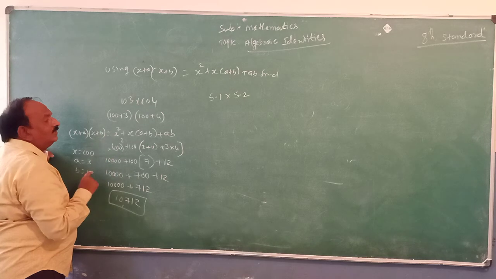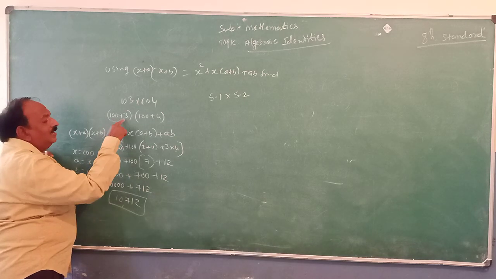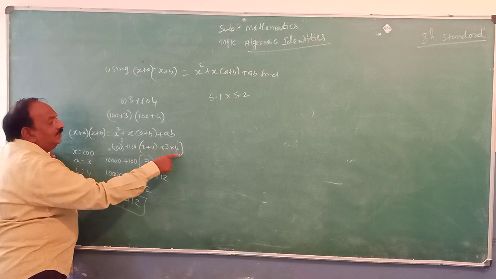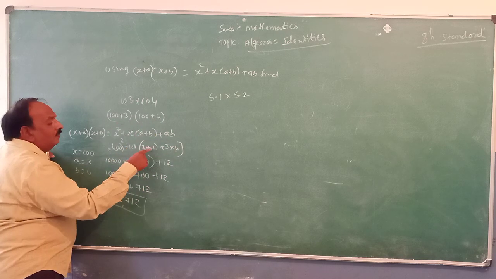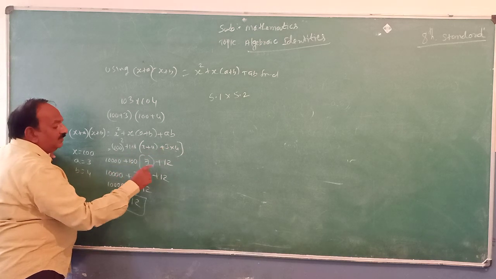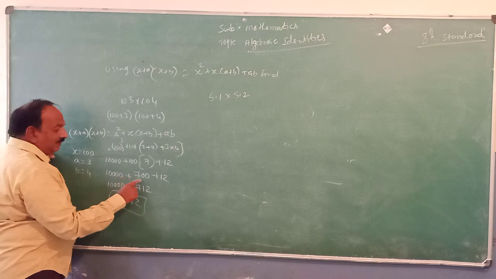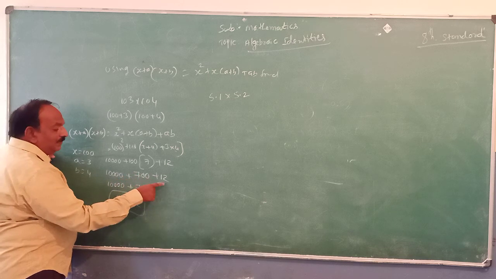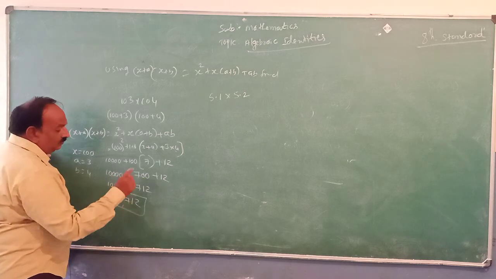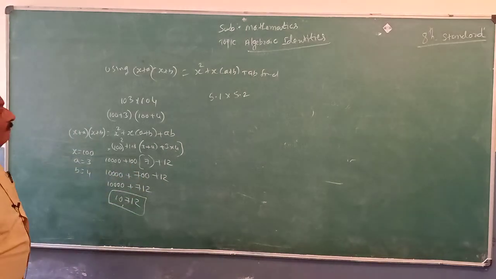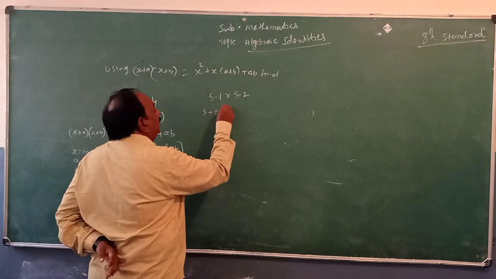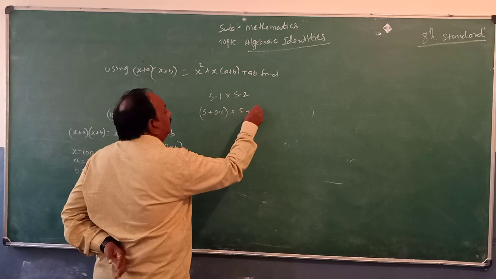X is 100 whole square, x is 100, a is 3, b is 4, 3 plus 4. ab means a into b, 3 into 4. 4 plus 3 is 7, 7 into 100 is 700, 3 4s are 12. 10,000 plus 700 plus 12, 10,712. Now 5.1 into 5.2, 5 plus 0.1 into 5 plus 0.2.